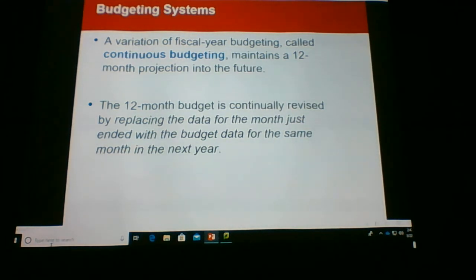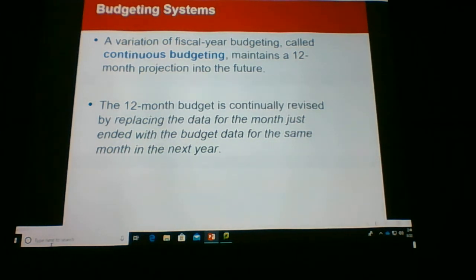So we have our weekly budgets, we have our monthly budgets, we have our quarterly budgets, but we always have a 12-month budget in front of us. Okay? If we didn't do continuous budgeting, we would only have a 12-month budget, say, for example, a calendar year business on January the 1st. And then on December the 15th, for example, we would only have about 2 weeks left for our budget.